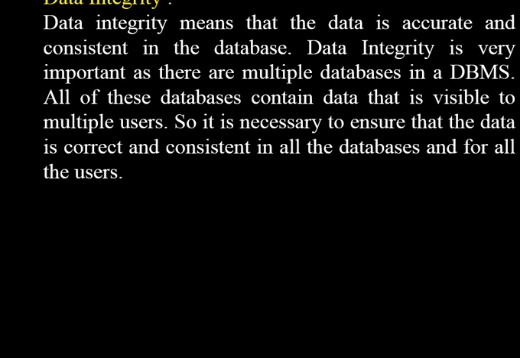All of these databases contain data that is visible to multiple users, and so it is necessary to ensure that the data is correct and consistent in all the databases and for all the users. If wrong data is passed to the user, then there will be a problem. So in the database, no duplication will be allowed.